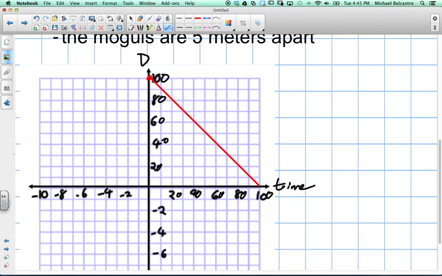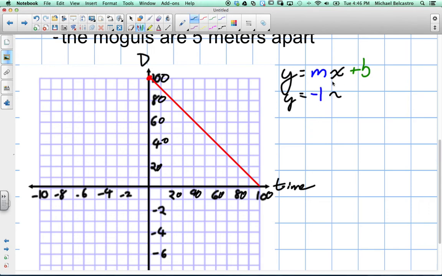Our linear functions are y equals mx plus b, right? Our m being the slope, which we already know is -1. And the y-intercept is just the top of the hill, which is our 100. So this is the equation of our linear function: y is equal to -x plus 100. We'll call it equation 1.